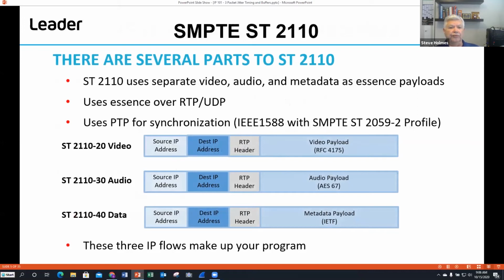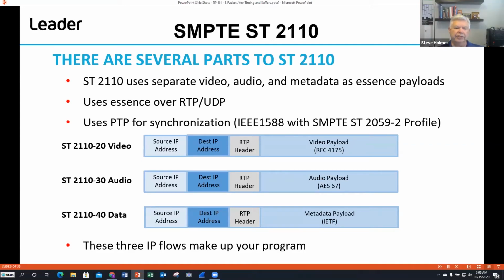Just for a very quick review, you've got to remember that in 2110, we're using essence payloads. So we've taken the conventional SDI and broken it down to its component parts. So we have 2110-20, which is our video layer. We have 2110-30, which is our audio layer.